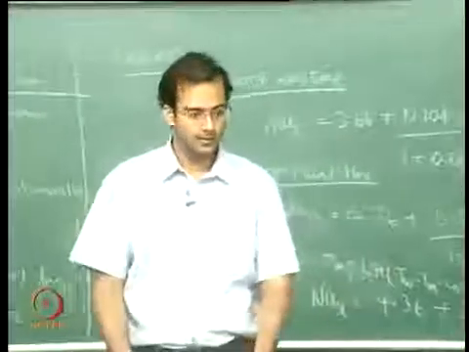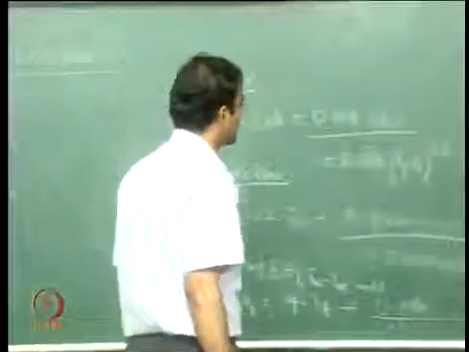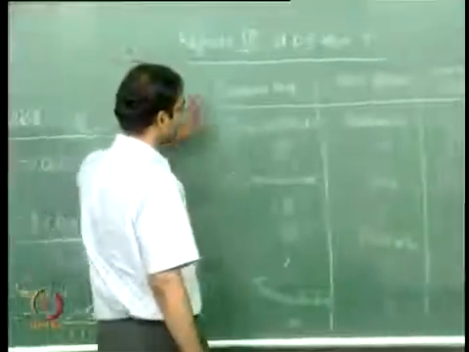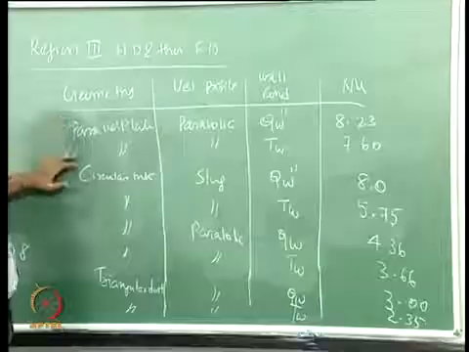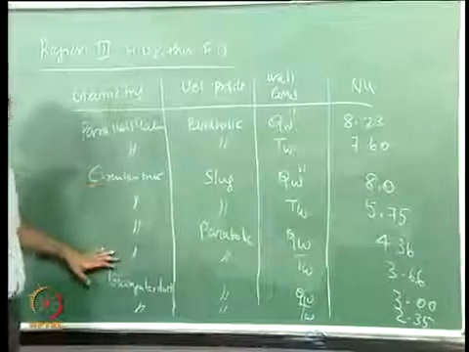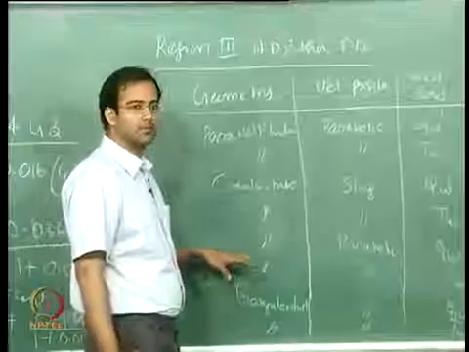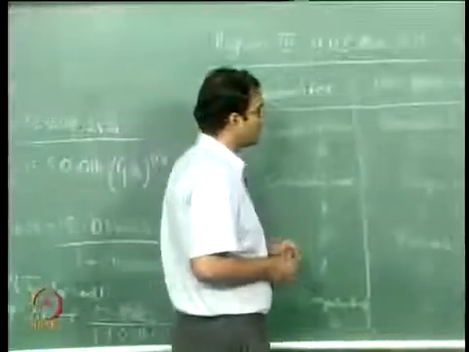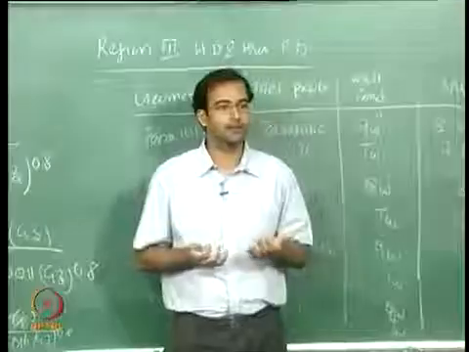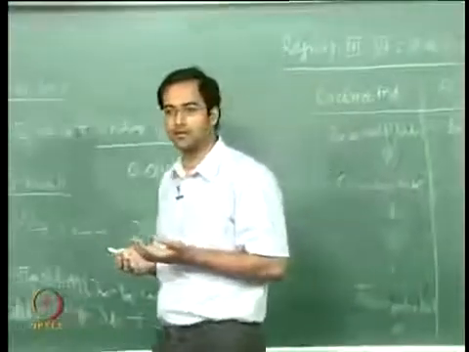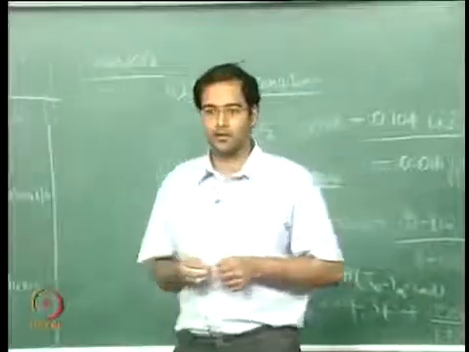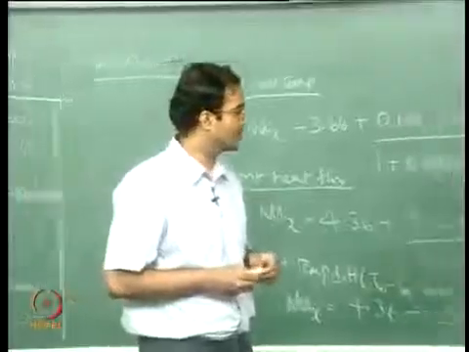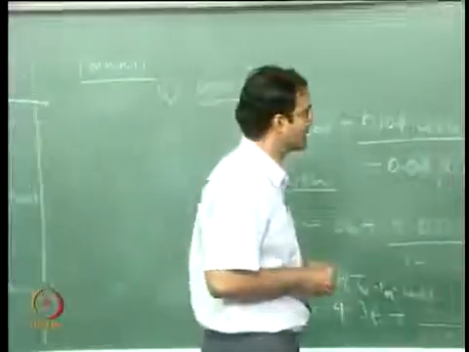Okay, so this is the summary of the region 3 results. We have already done circular tube completely, more or less. And parallel plate is much easier than this, because you will not have any Bessel equation, you will have a straightforward ordinary differential equation for which you can find sine and cosine functions.